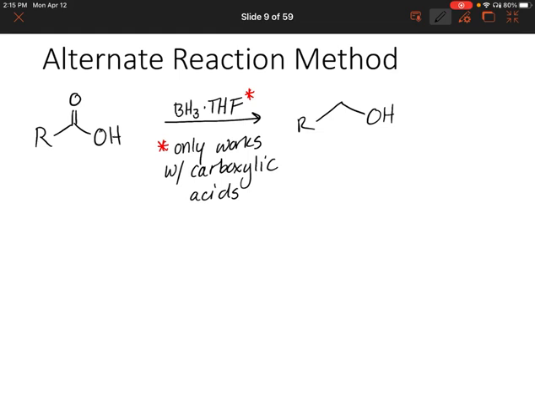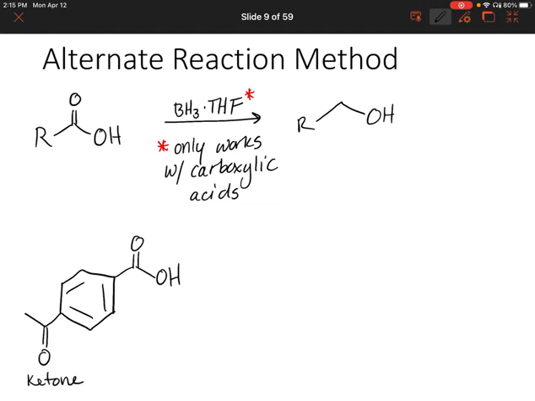Now, what's really great about this method is, let's say that you have something with two carbonyl groups. So we have a carboxylic acid on one side, and then let's say we have a ketone on the other side of this benzene ring. The borane tetrahydrofuran will only react with the carboxylic acid.